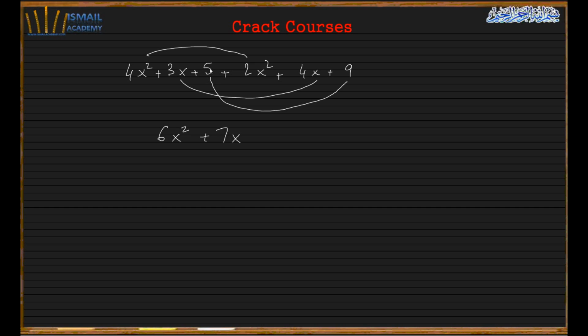Here I have 5 and 9, so it's going to be 14. You see? Even a second grader or third grader can do it if he applies the idea of addition by combining similar quantity.